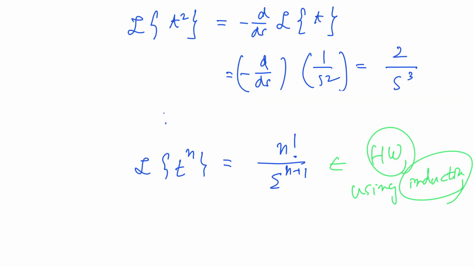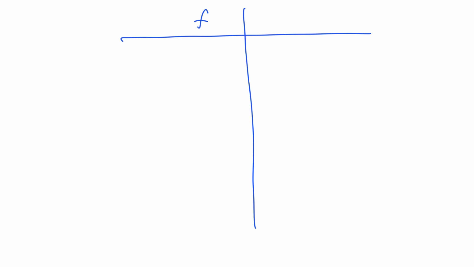So now we have finally a lookup table. We have f(t) and Laplace transformation of f(t). Exponential lambda t gives 1 over s minus lambda, right?